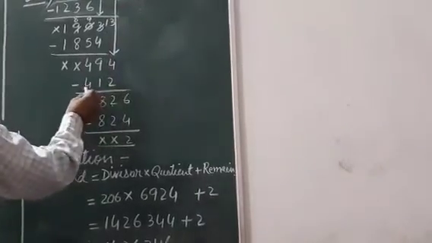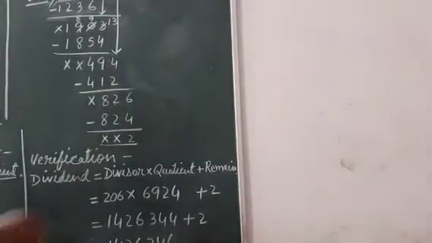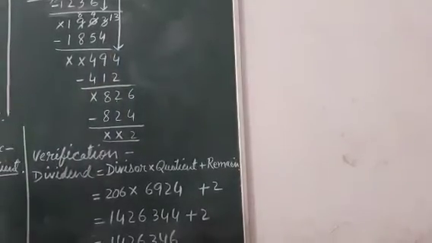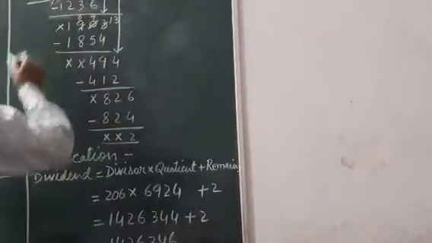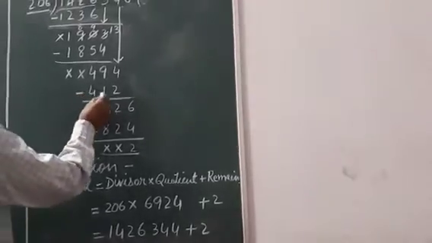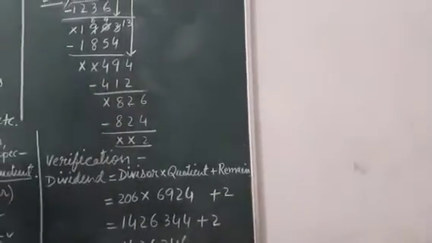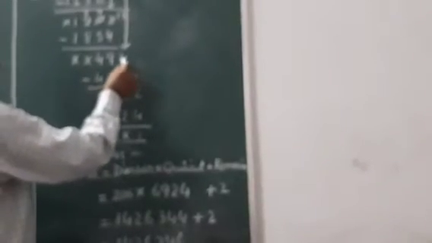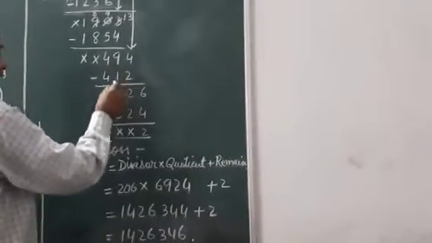We find the number is 412. That means 494 can be divided maximum into 2 parts by 206. 412 is written under 494. We will subtract 412 from 494. 4 minus 2, 2. 9 minus 1, 8.